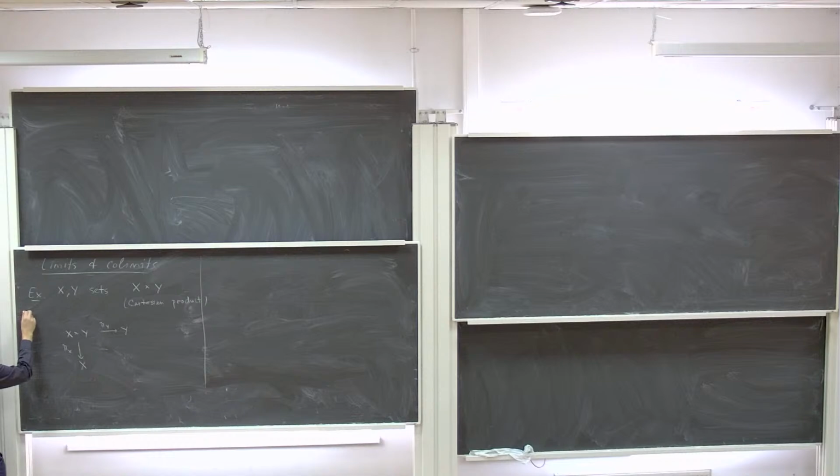And if I have a third set z, and I want to define a map from z into x cross y, suppose I have one, I can compose it along the two projections and get two components. I'll call that px and py. So this is some map.